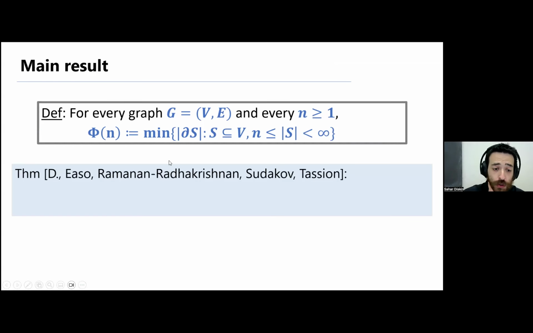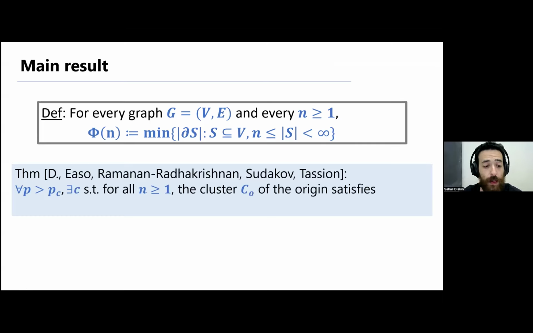And what we showed, again together with Philippe Easo, Vic, Van Sant, and Benny, and myself, is the following. For any percolation probability p which is supercritical, there exists some constant C such that for all n, the cluster of the origin satisfies the following.